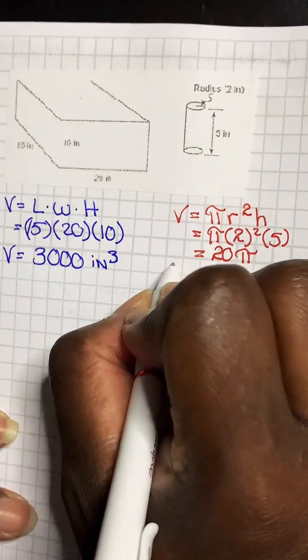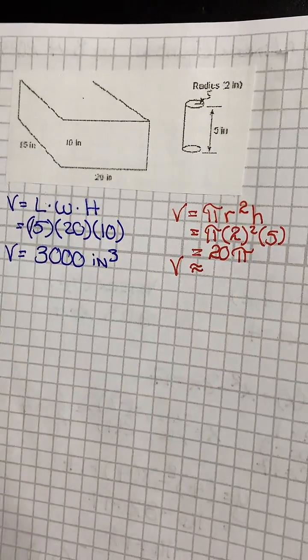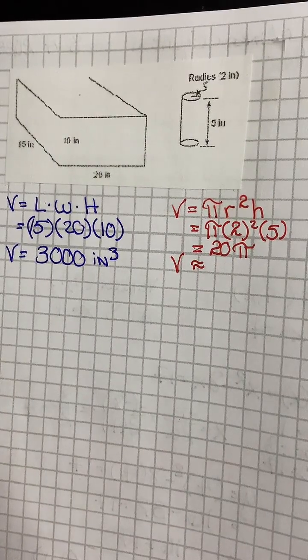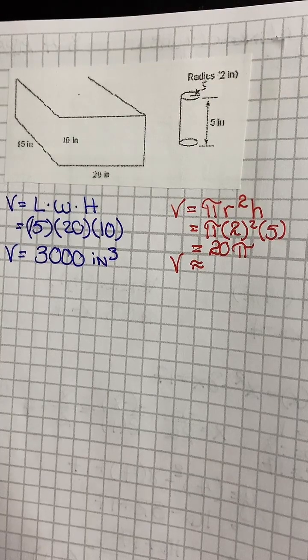But we're probably going to need the approximation because we're looking for cups. How many cups of water can go into this prism? So what would 20 pi be rounded? Let's say to the tenths.